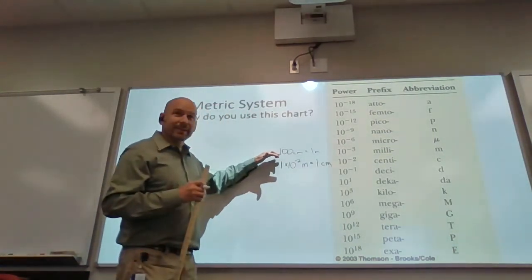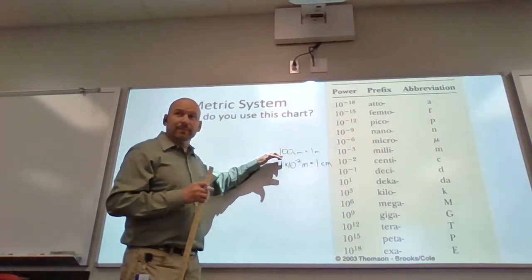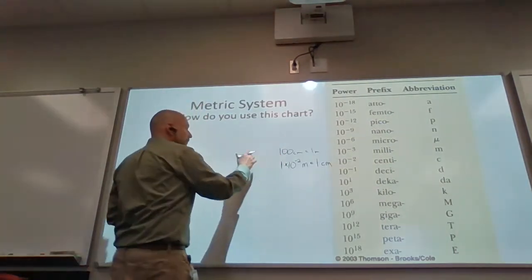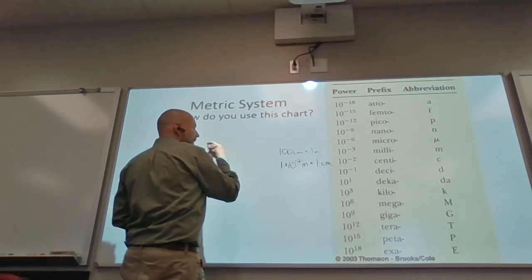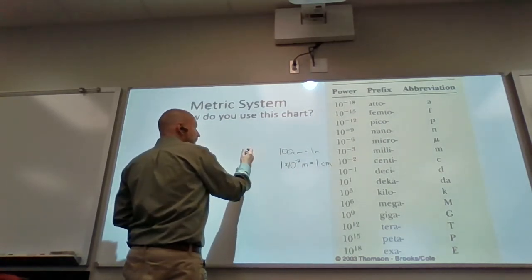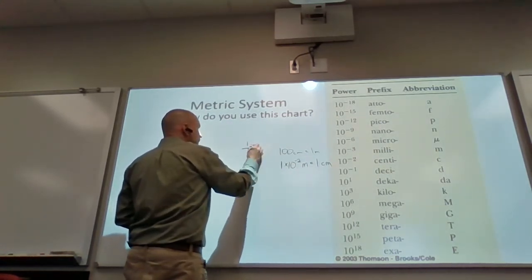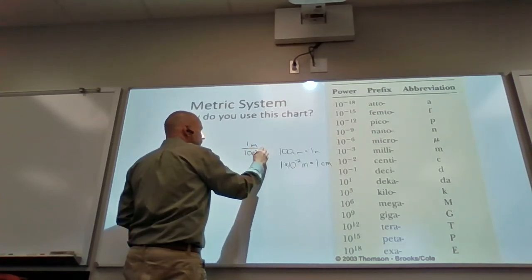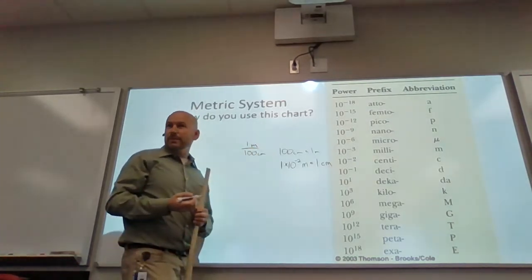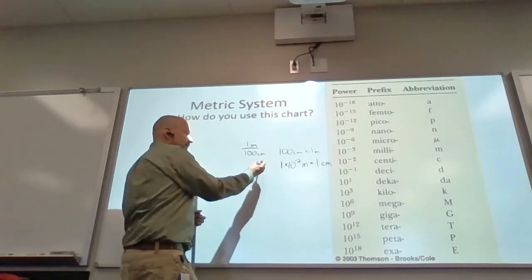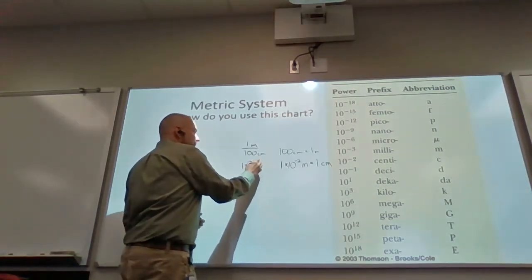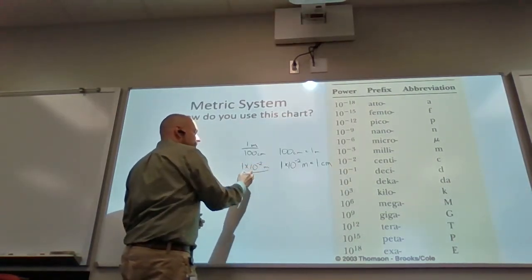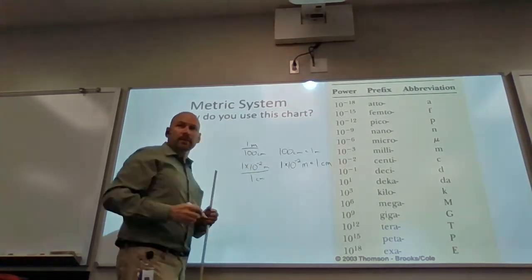Okay, you could use this. This would be the same thing as this, 1 meter over 100 centimeters. Like if we're using this in the conversion, does everybody see that that's the same thing as 1 times 10 to the negative second meter over 1 centimeter?